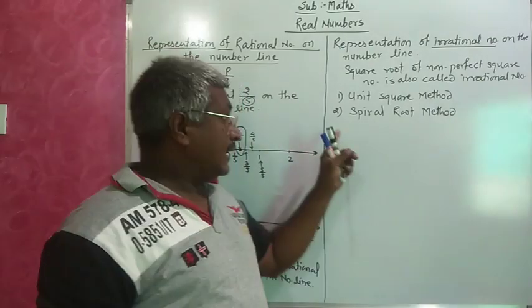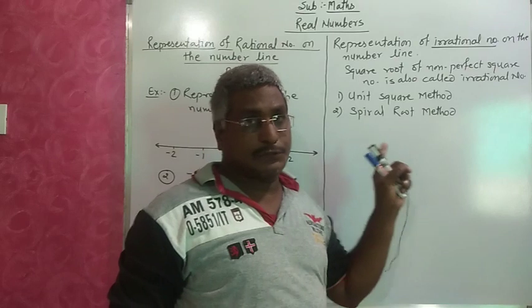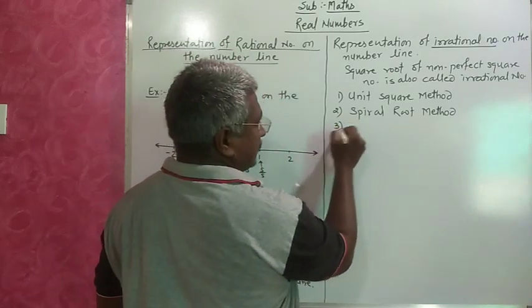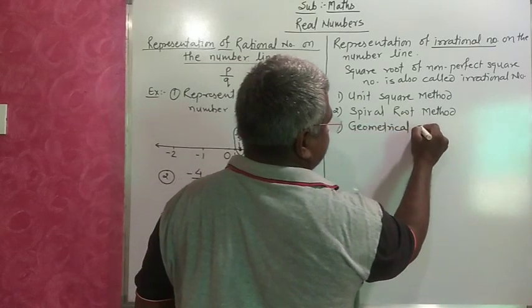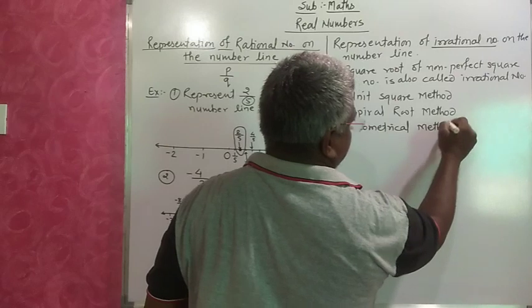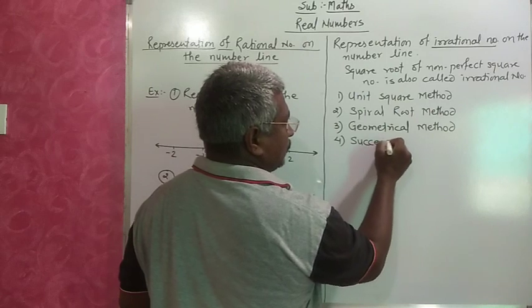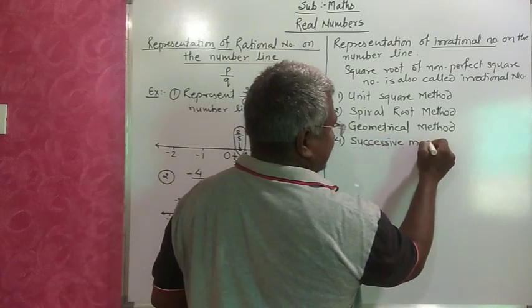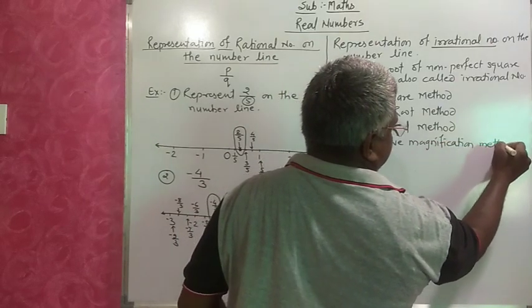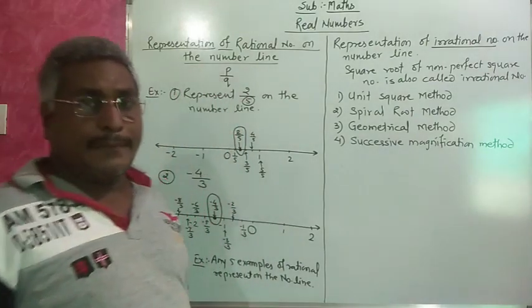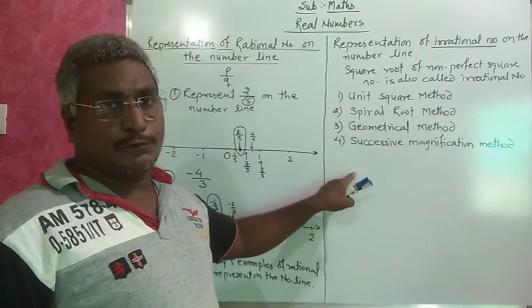Now you will understand how to draw the spiral root. Third is the geometrical method. And fourth is the successive magnification method. So these are the 4 methods we are going to study.